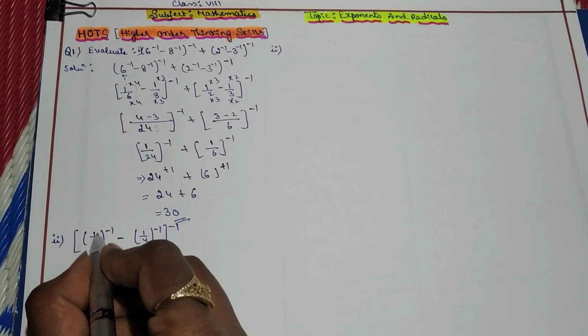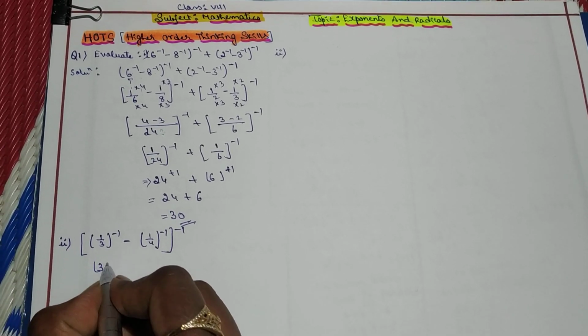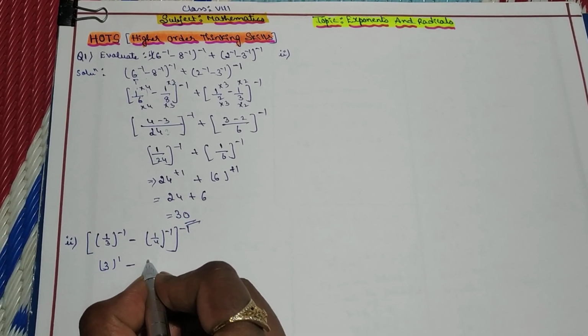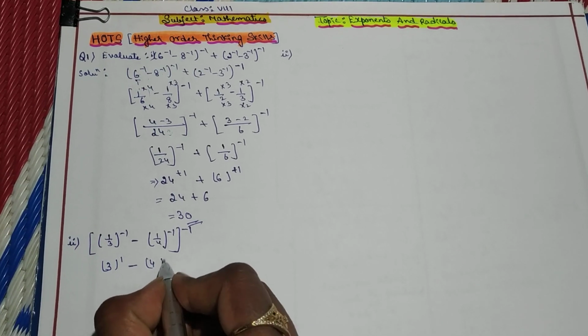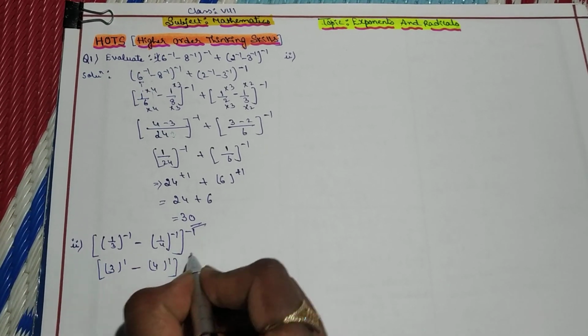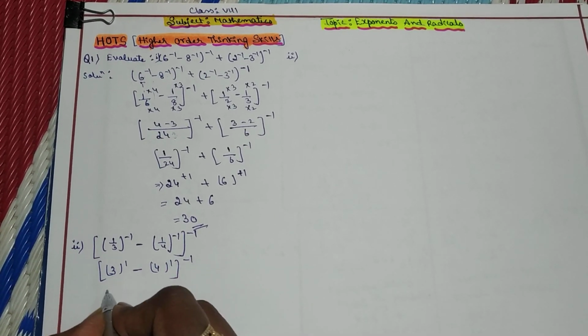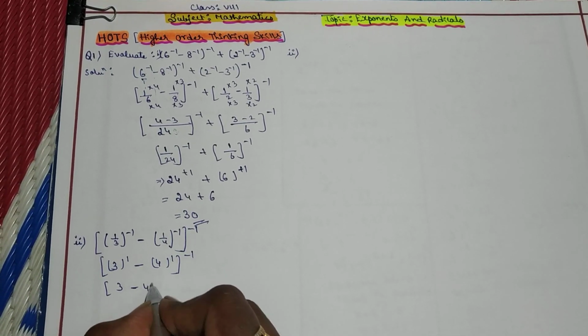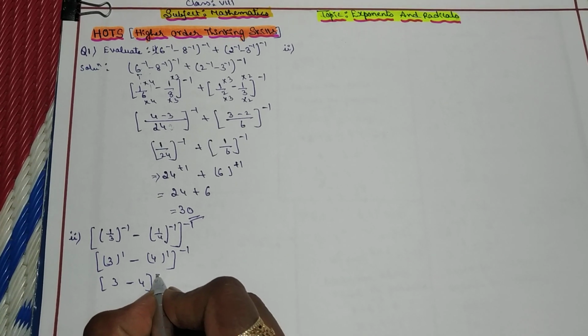Clear? So 1 by 3 becomes 3 by 1 power plus 1, minus 1 by 4 power minus 1 becomes 4 by 1 power 1, and its reciprocal minus 1. Then 3 power 1 is nothing but 3, minus 4 power 1 is nothing but 4, its reciprocal power minus 1.